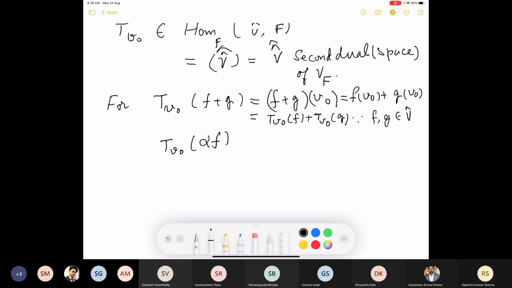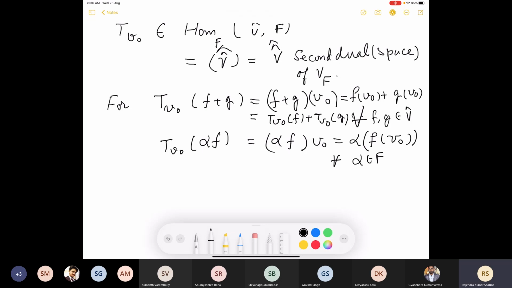In V hat. And now for every alpha in F, T_v0 of alpha f, so this is (alpha f) of v0. Now f is a homomorphism, and alpha f is also a homomorphism. And how it is defined, that alpha T acting on v, alpha times v under T. So this is alpha f(v0). So this is for every alpha in F and for every f and g in V hat.